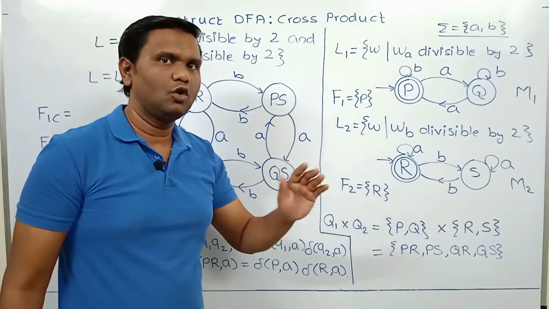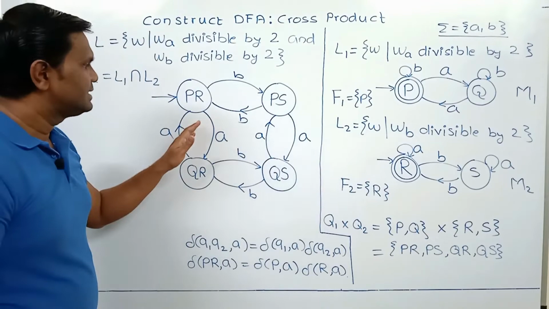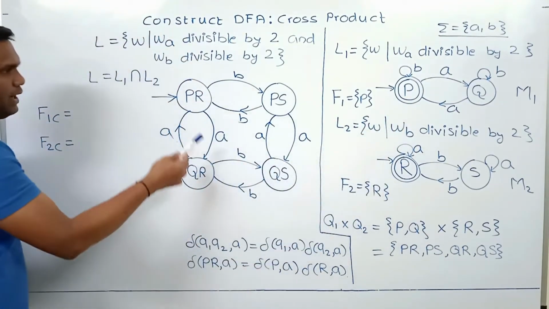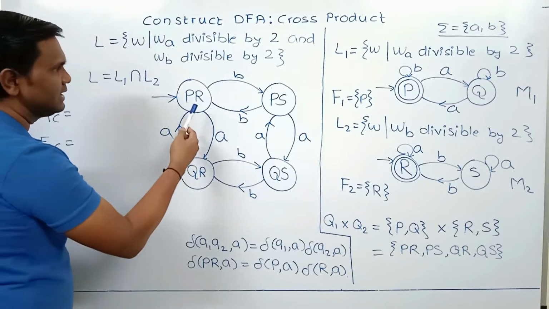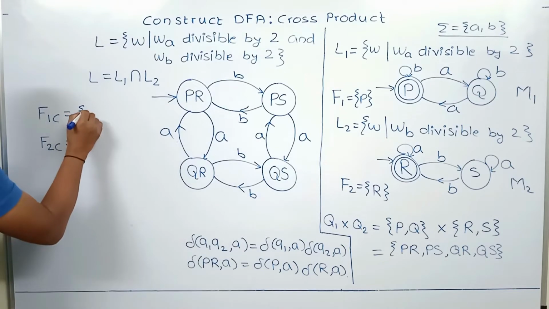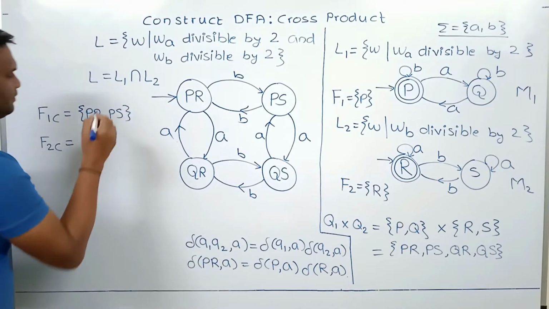We have to consider all final states in M1 and consider corresponding states in the cross product. So here we have P. We have to check which states contain P. So it is PR and PS. So F1C is PR and PS.